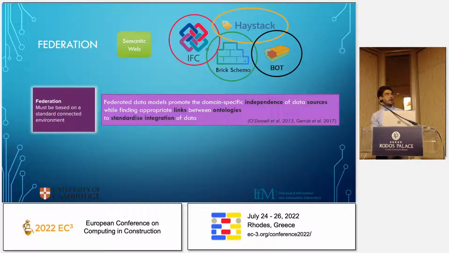So instead we are adopting the federation approach, which is one of the key principles in our consortium. It says that if we have federated data models, we can promote domain specific independence of data sources, while finding the appropriate links between all these ontologies to standardize the integration of data.